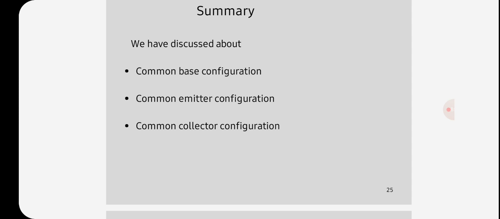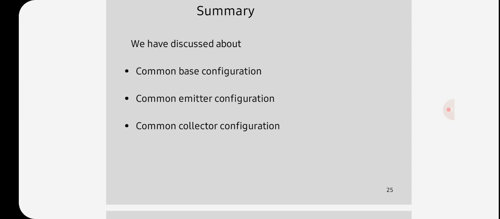And common collector is very high, 48.6. For voltage gain, common base is high, that is 86.78, common emitter is also high, and common collector is nearly unity.